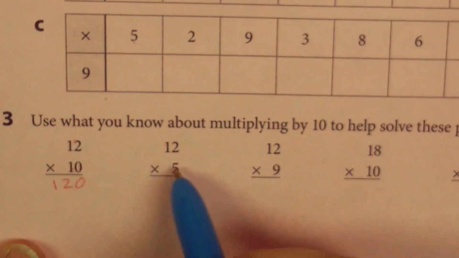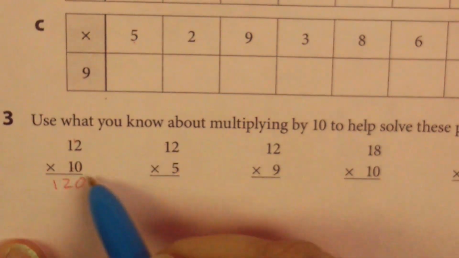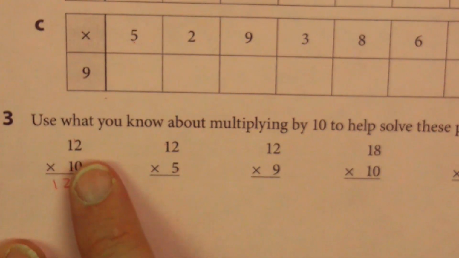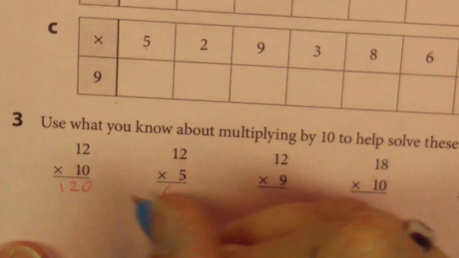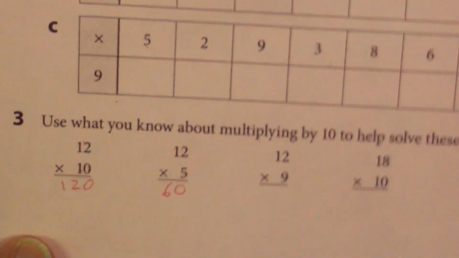Compare 10 to 5. If 12 times 10 is 120, 12 times 5 should be half of whatever this is. A couple ways you could do that. I kind of like to do this. Cover up the 0. What's half of 12? 6. Put the 0 back on the end. That's your answer.